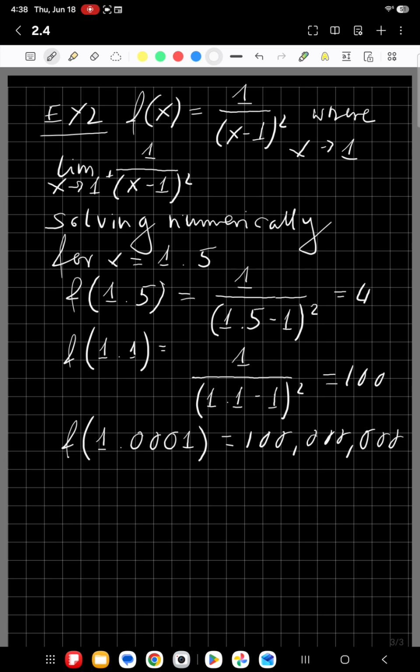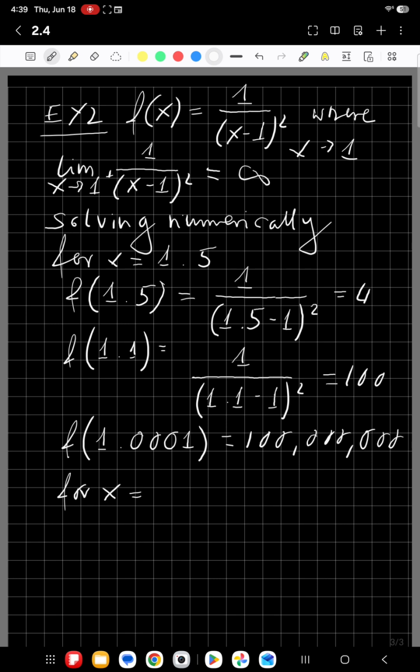So from this we see that when x approaches 1 from the right, the value of the function, or the limit, is infinity. And the same thing is happening when I start approaching 1 from the other side. So let's do just a couple.